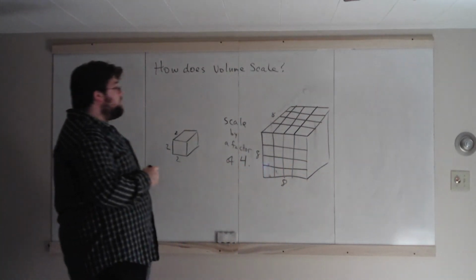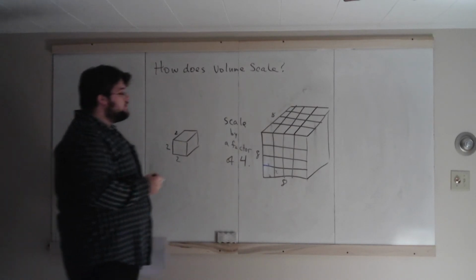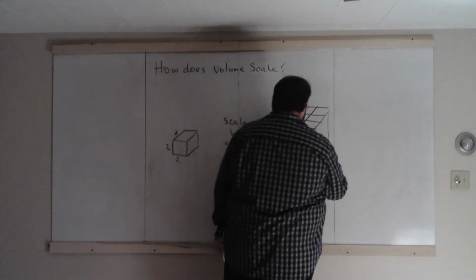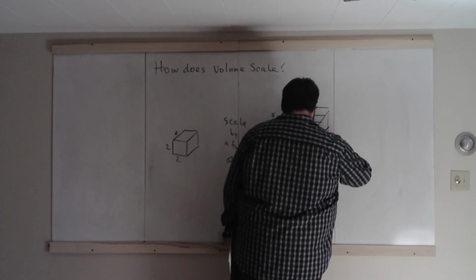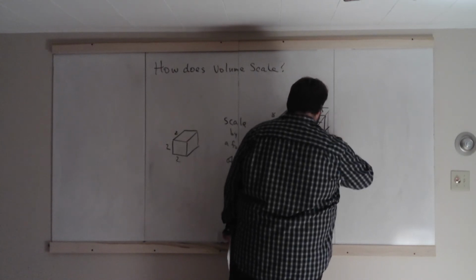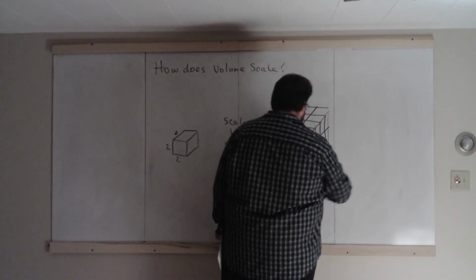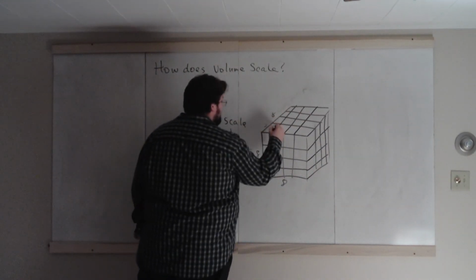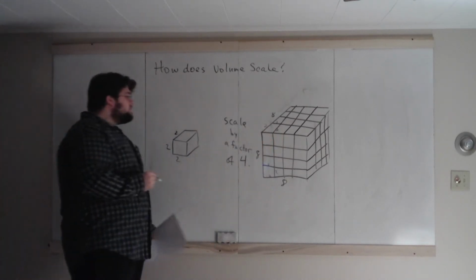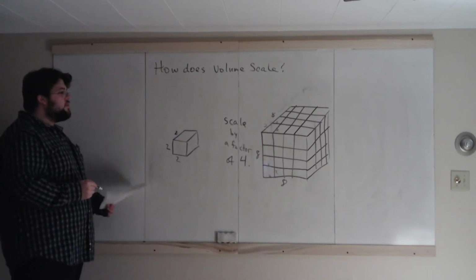So right there on top, we divided that into 2 by 2 by 2. So let's divide this last face that we can see into 2 by 2 by 2. So right there, we've divided this all up into 2 by 2 by 2. And the question is, how many of these cubes are there?